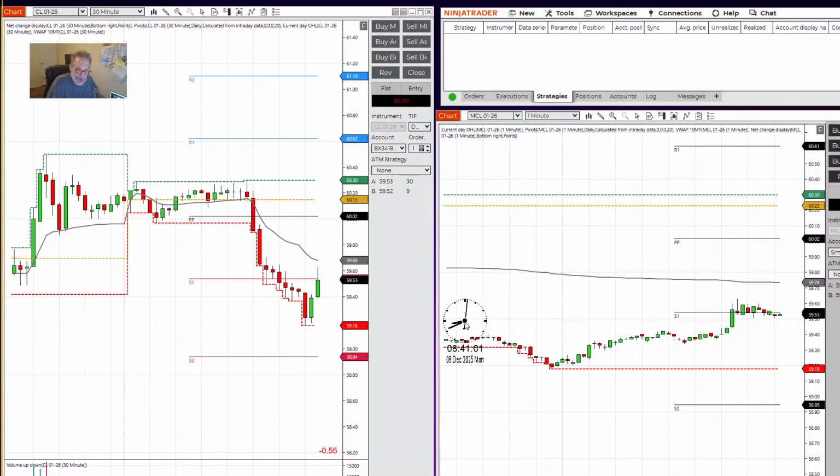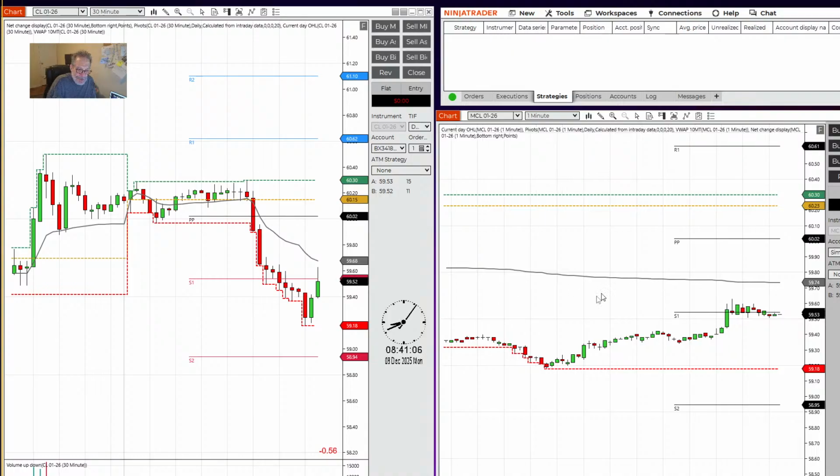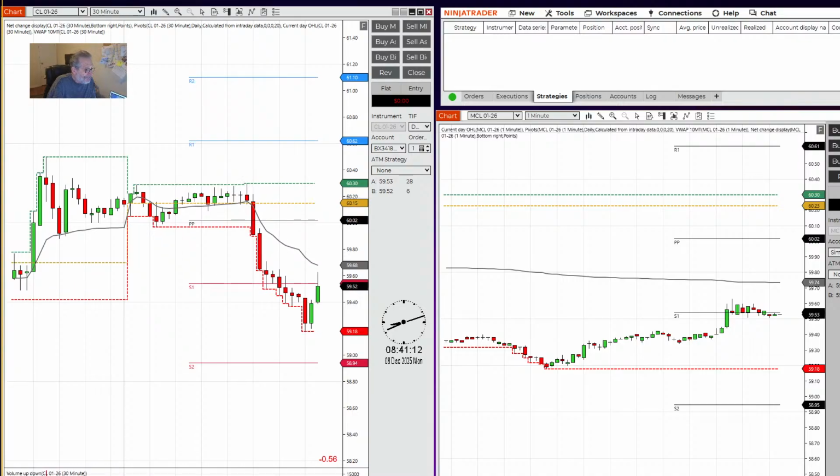Just looking at oil before we started the room. Micro oil on the right, regular oil on the left. Oil open is at 9. This is a 30-minute chart. There was a little bit of news because of something going on in Iraq, that they had to shut down a pipeline leak.